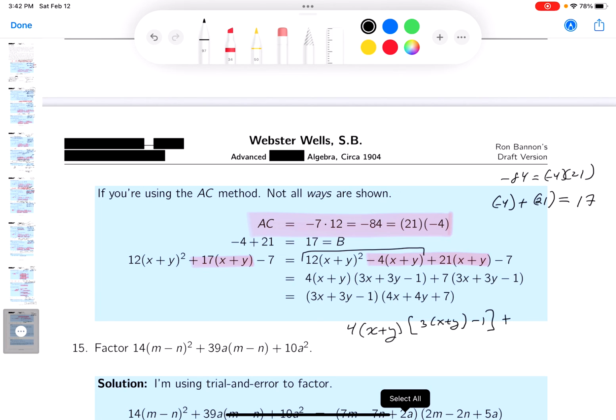What's common there? 7. What are you left over there? 3 times x plus y minus 1. What do you have now? These 2 terms, this is one term, that's another term, have something in common. And what is that? Well, looking at it, it's 3x plus 3y minus 1.